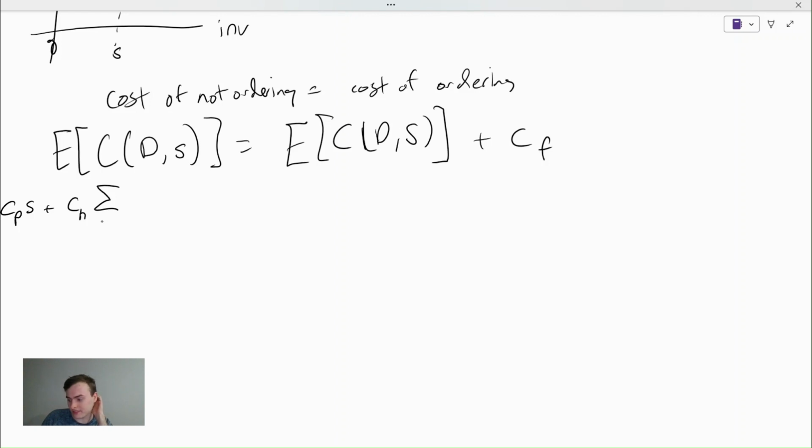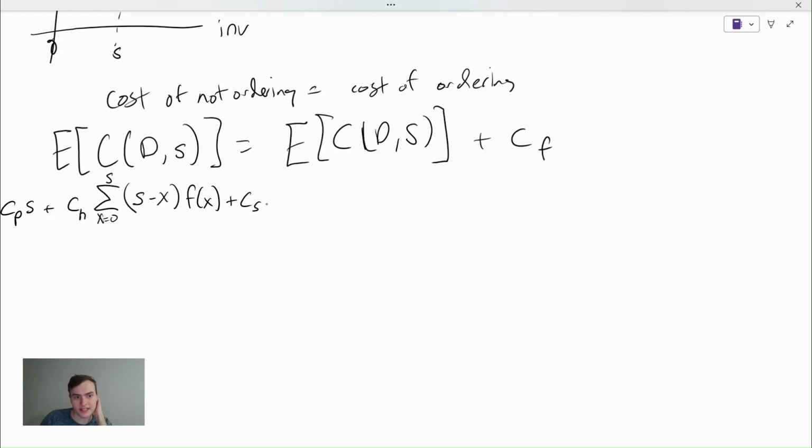So we're summing from x equals 0 to S minus x f of x.